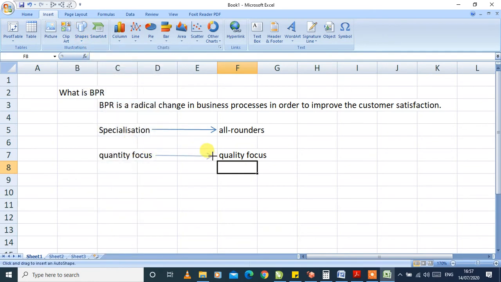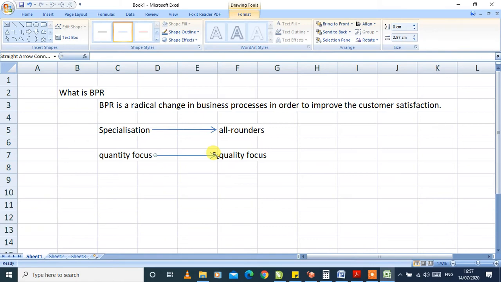BPR means simply changing the business processes, re-engineering business processes. So what this company does as re-engineering, what this company does as changes are these: shifting from specialization to all-rounders, shifting from quantity focus to quality focus. Right. So based on the scenario, you have to select what this BPR is attempting to do. So talk about this. So this is second point.